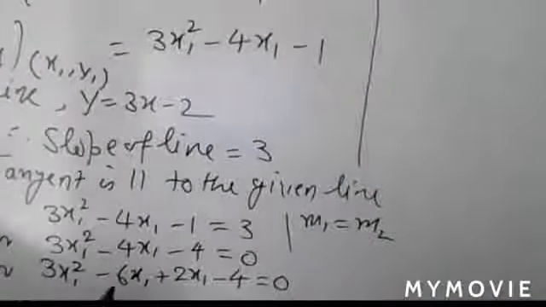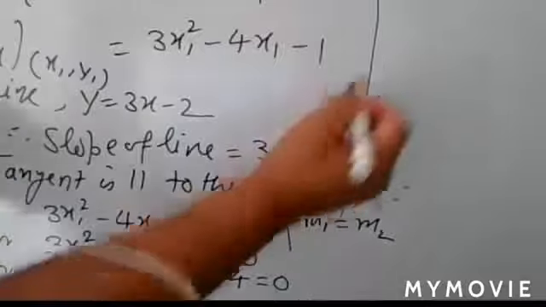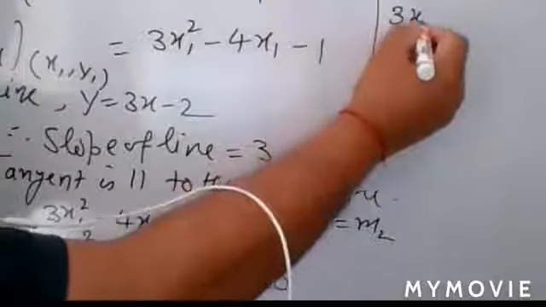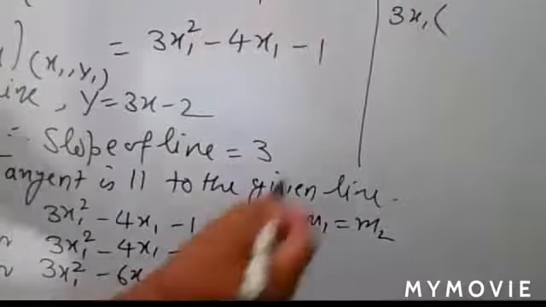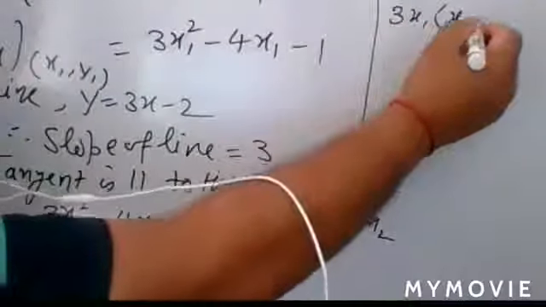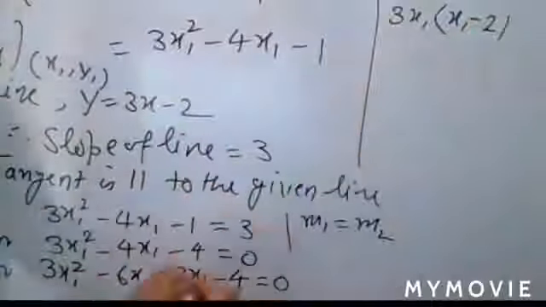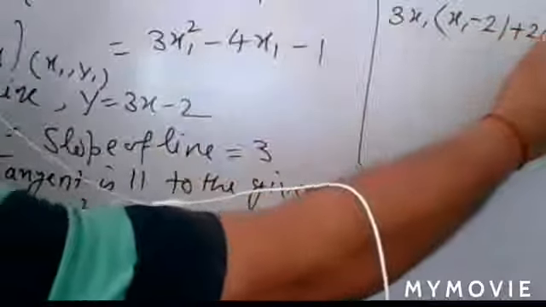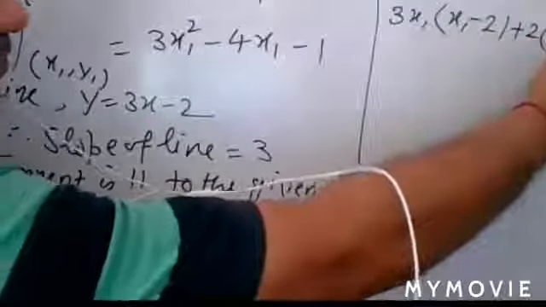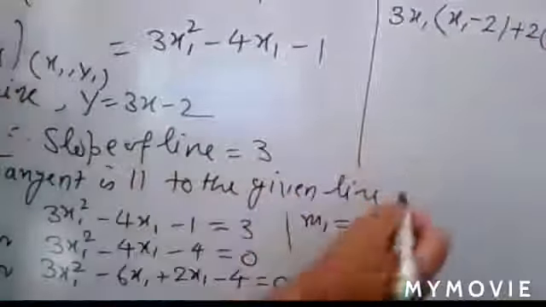If you take 3x1 common, you have x1 minus 2. And here you take 2 common, so x1 minus 2 is equal to 0. Understand?